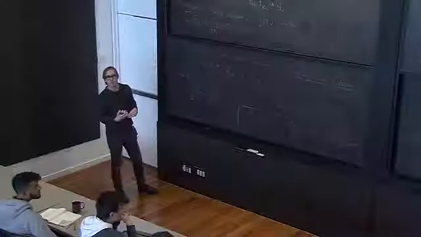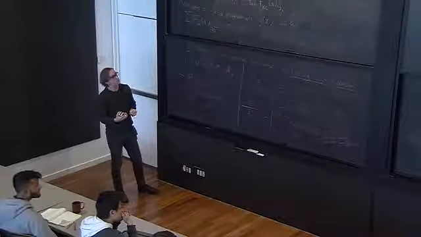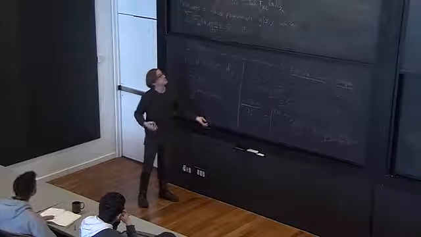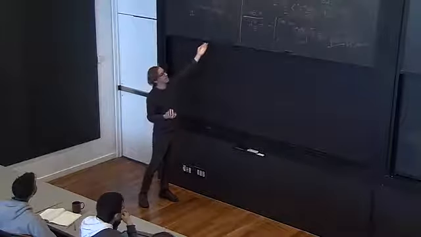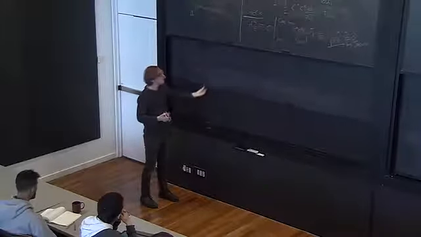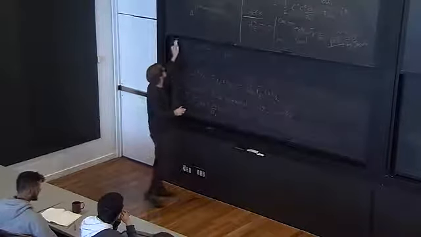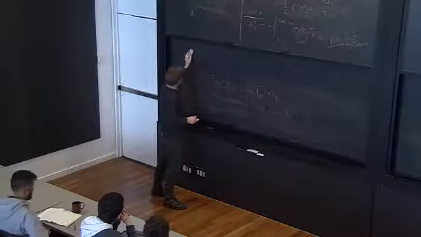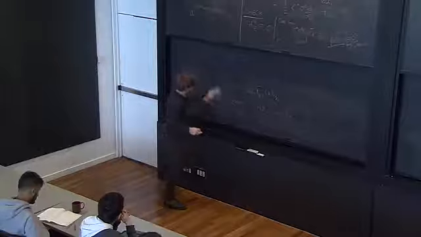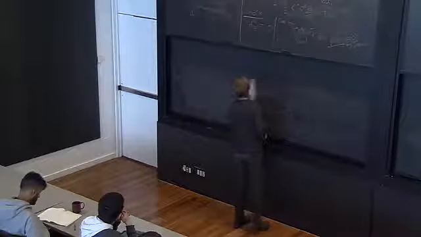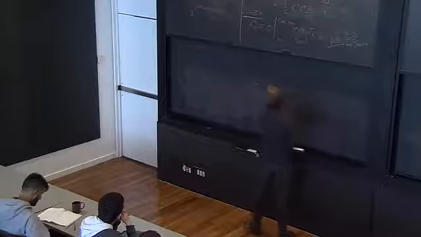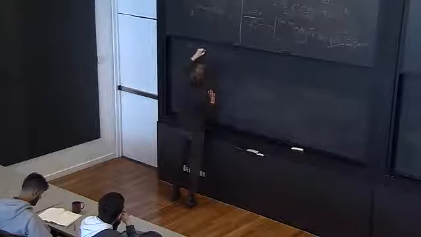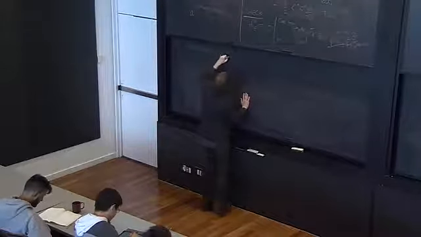Okay, any other questions? Okay, so let's see how we would impose gauge invariance for a gauge theory. Suppose we have a gauge theory on R^n.